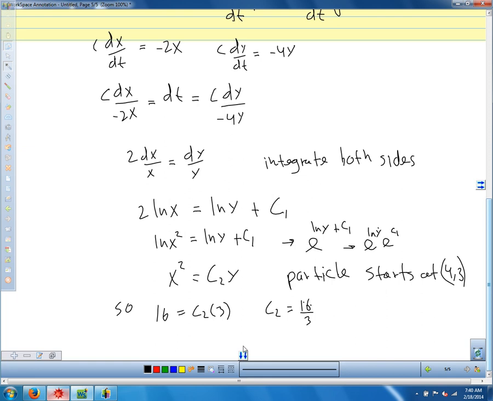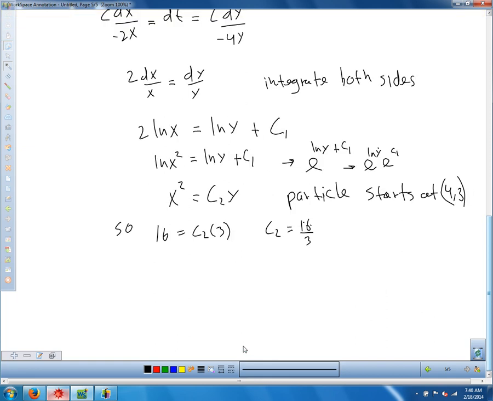So my path is y equals 3/16 x squared. So that is the path on that plate that the particle is going to follow.